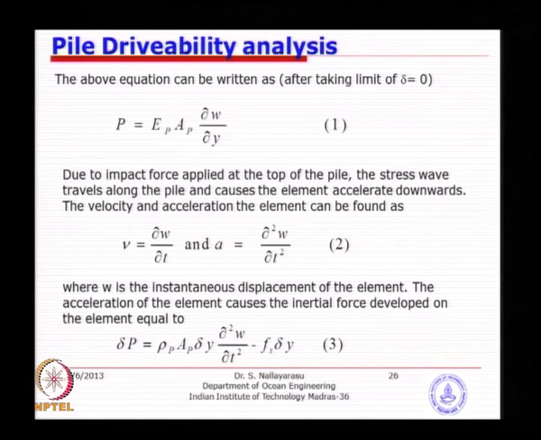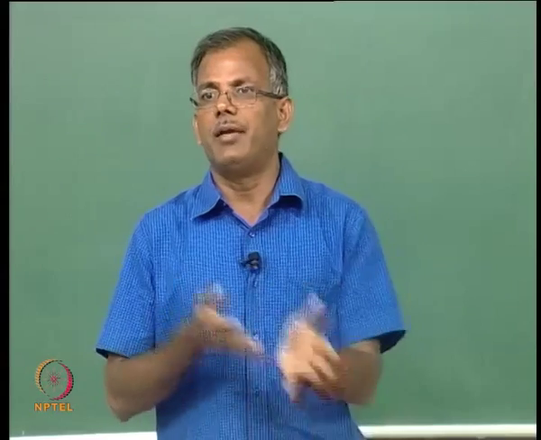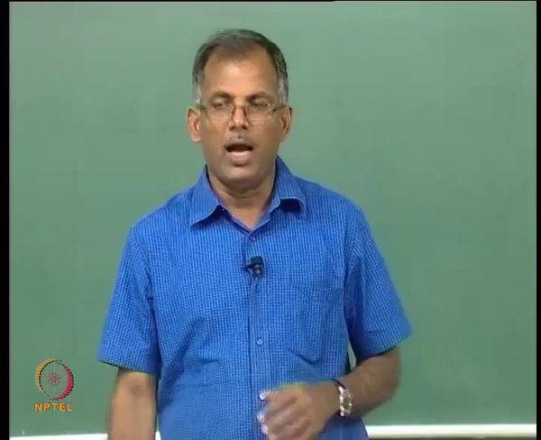A similar thing can be done using the dynamic component. The displacement with respect to time, delta W by delta t, will give you velocity, and the first derivative of that will give you the acceleration.